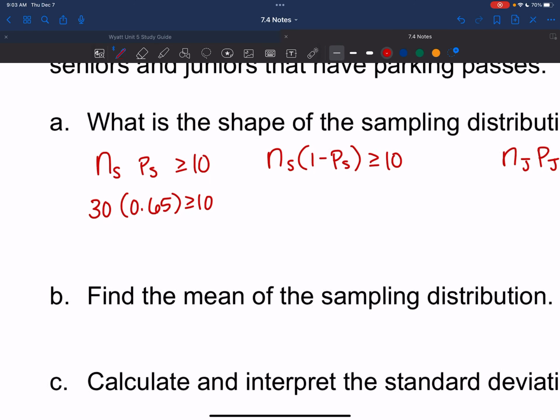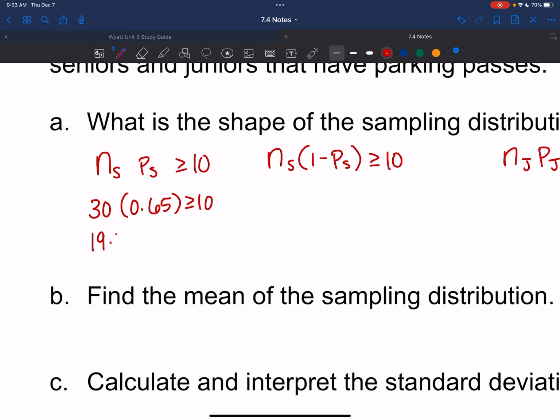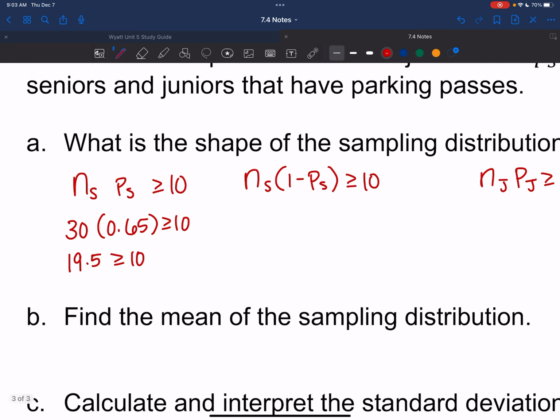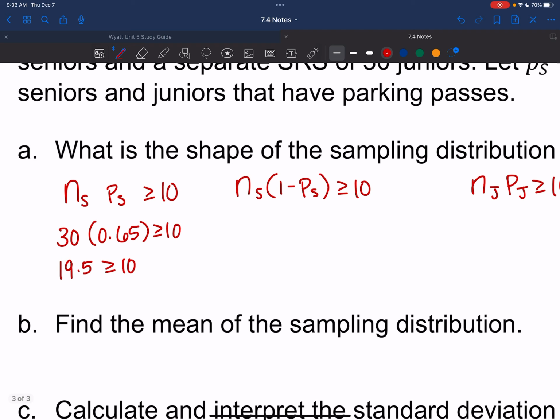So for seniors, it's 0.65, and 30 times 0.65 is 19.5, and that's greater than or equal to 10. And then for 1 minus, I'm going to have 30 times 0.35, and I'm going to find that to be 10.5.